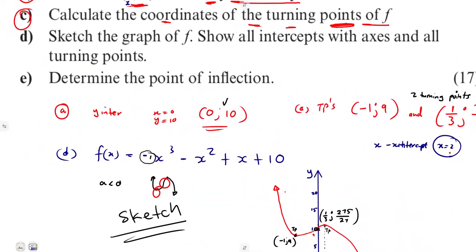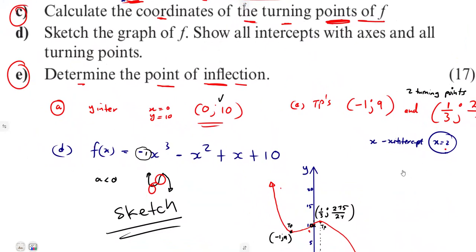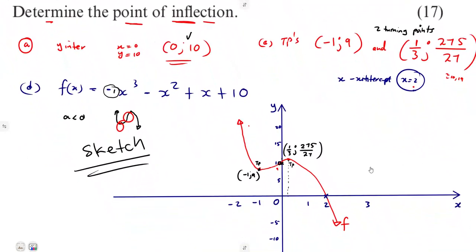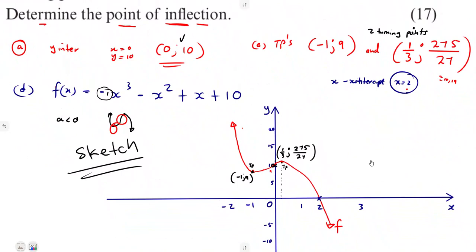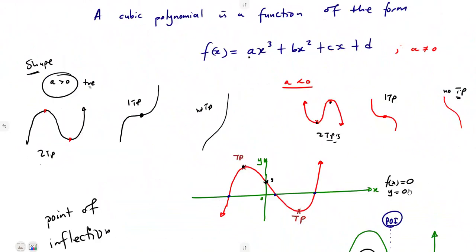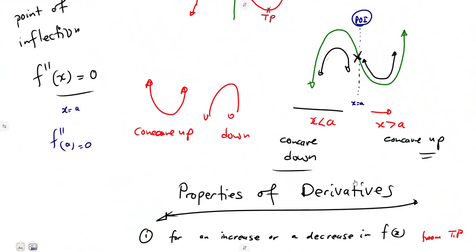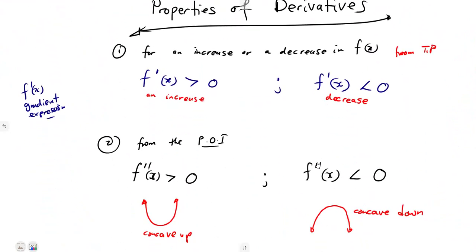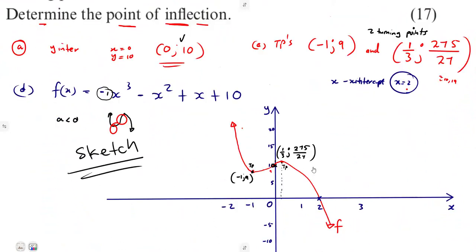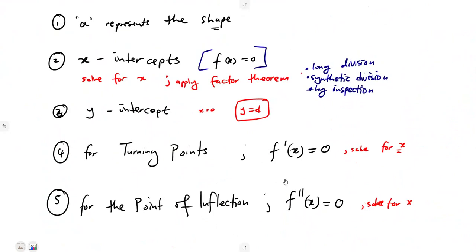Then part E of our question is to determine the point of inflection. Remember, in order for you to have the point of inflection, it's from the second derivative, from our properties. It's only that I did not mention it. I mentioned it here when sketching.